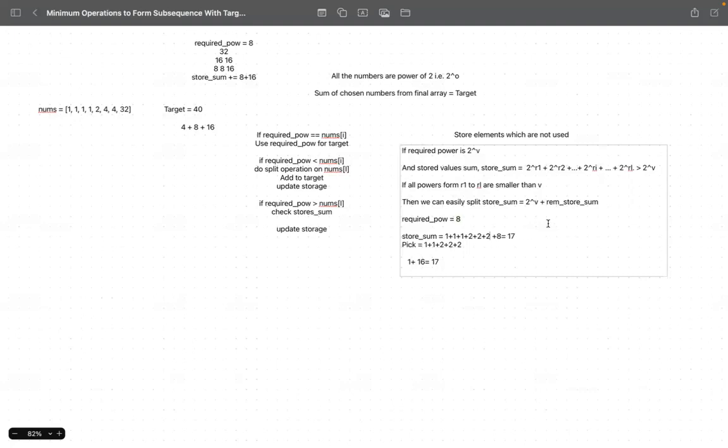So even if it has equal values, it is possible. Even if it has smaller values, it is possible. But if it has any greater value, then it will never be possible, right? Then there will be a chance that it may not be possible if the value is greater, as you can see here.